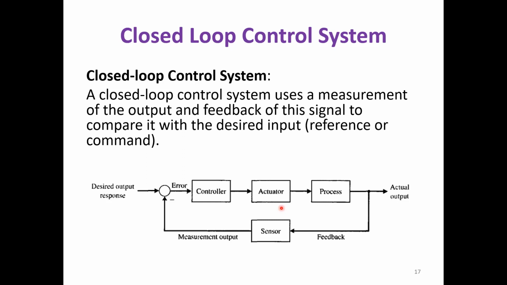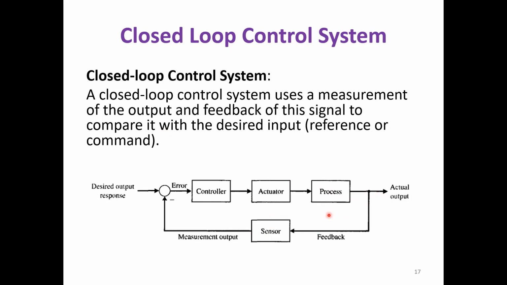So in the closed loop control system, there is a feedback. It will check the output, then accordingly it will update. That is the main difference between closed loop and open loop: in the open loop control system there is no feedback, but in the closed loop control system there is feedback.